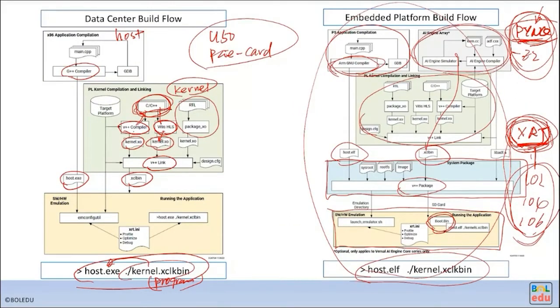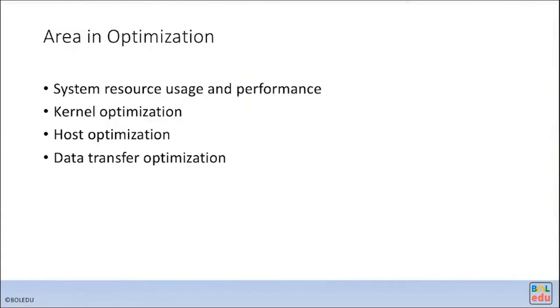Okay, the following is my recommendation. First, when we do application acceleration, we have to pay attention to system-level optimization, which includes system resources and performance. The system resource here is mainly the FPGA resource. Because an FPGA device has a fixed capacity, we need the resources to fit into the FPGA capacity.